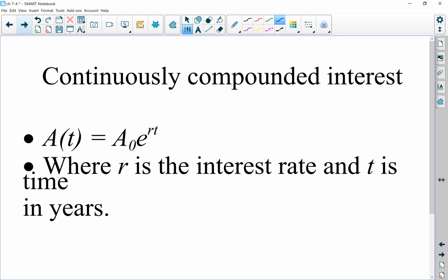But interest and interest rates, most banks calculate interest usually on a daily basis, but they could calculate it continuously, compounding it continuously. And again, it's an exponential function. It is going to be your initial value in your account times e to the RT, where R is your interest rate as a decimal, and T is time in years.